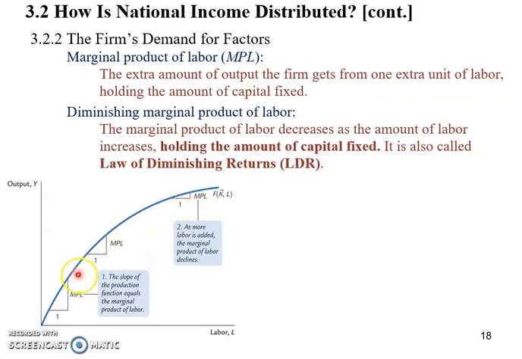Graphically, you could always say that the slope of the production function, or the total output curve, equals MPL, because the slope between this point and this point is just the vertical distance divided by the horizontal one.